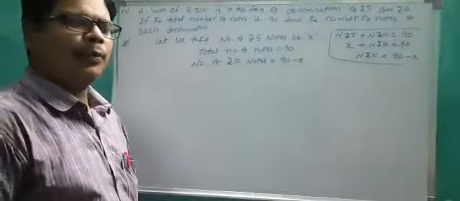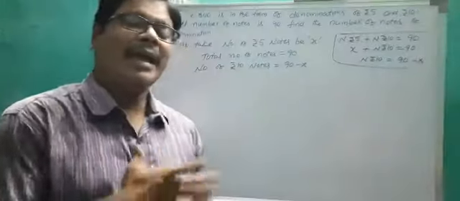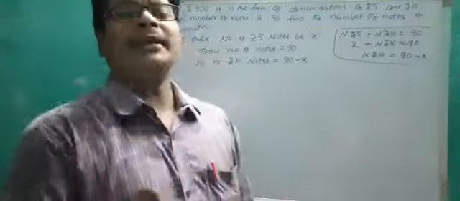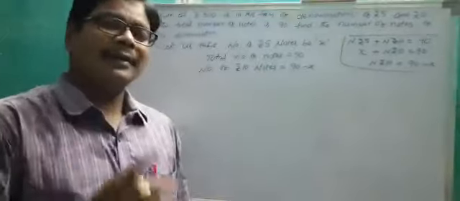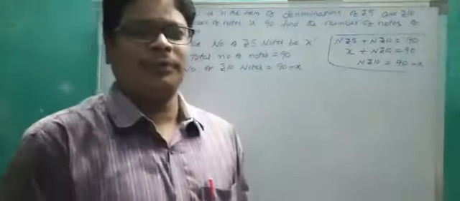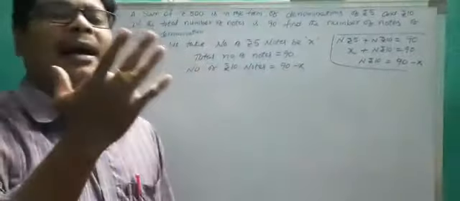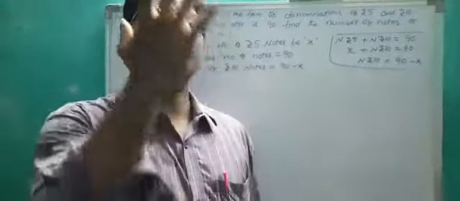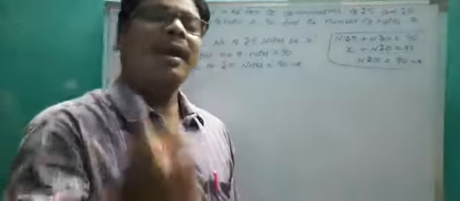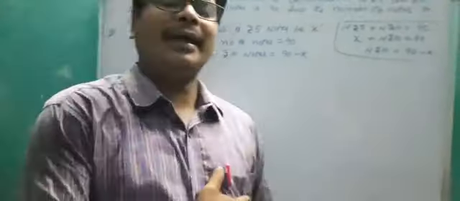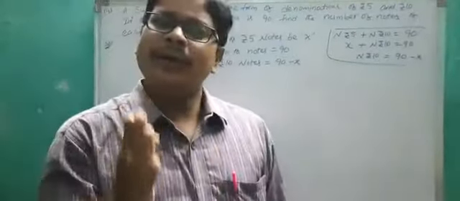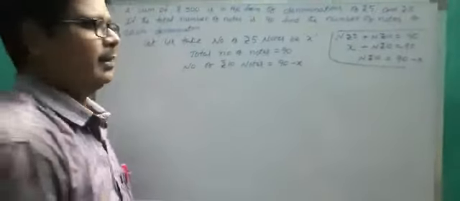For example, in my pocket I have 10 five rupee notes. So total amount equals 10 into 5, that equals 50 rupees. All are in 5 rupees. For example, in my pocket I have 20 ten rupee notes. Total amount equals 20 into 10, that equals 200.